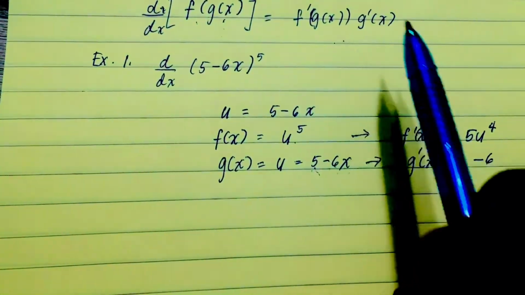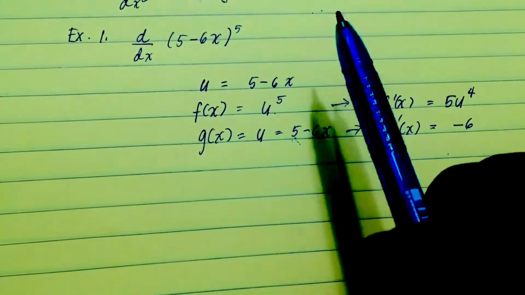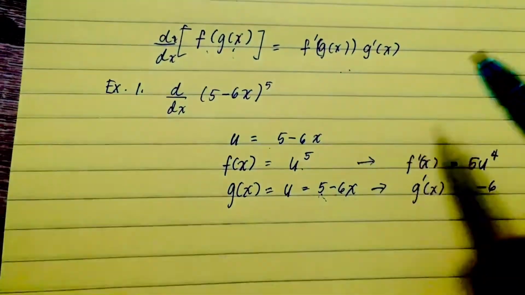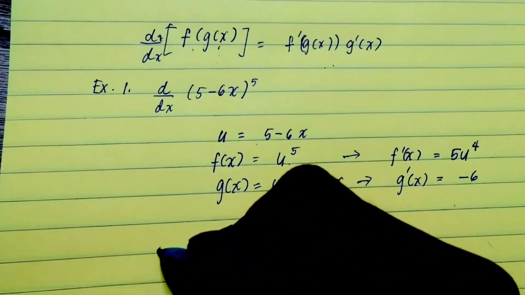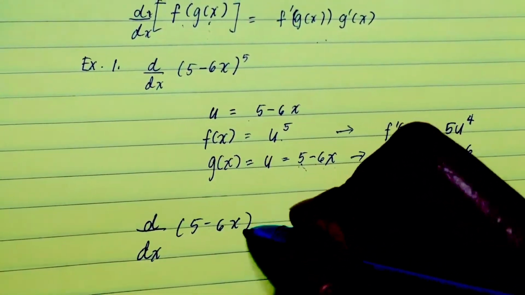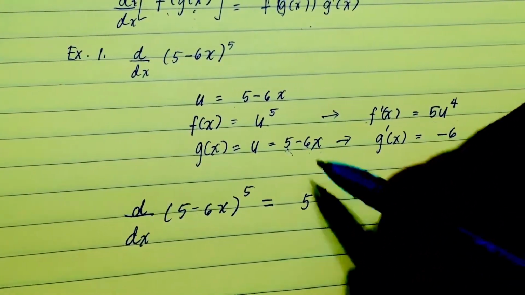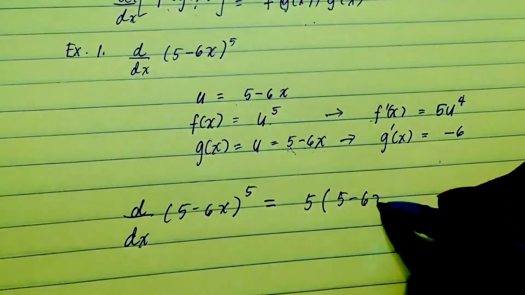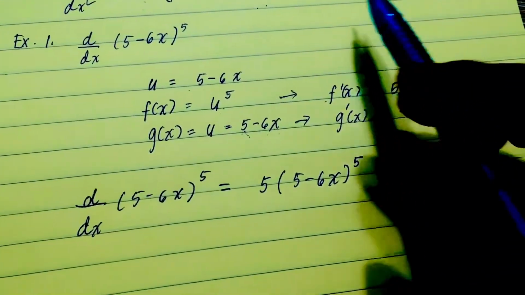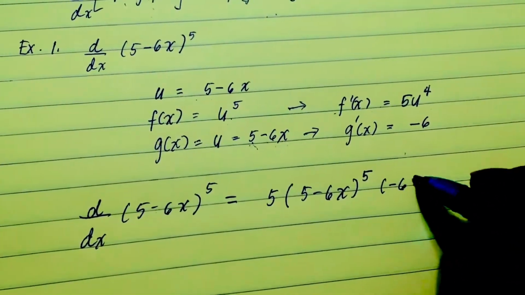Again, substitute the derivatives and the original expression for the variable u into the chain rule and simplify.